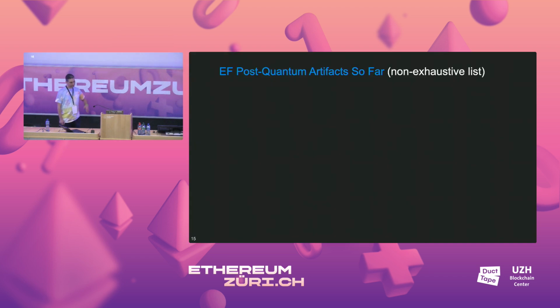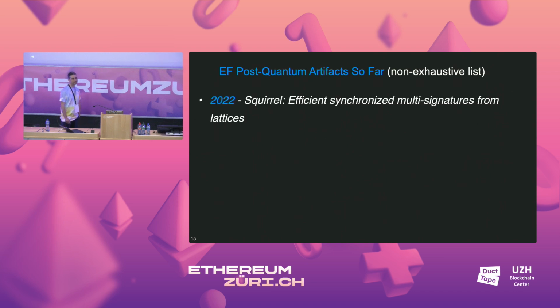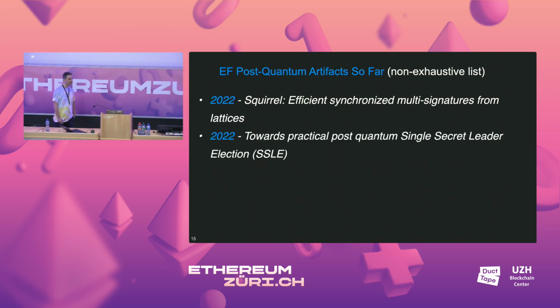Now, we already started as the Ethereum Foundation, or as the Ethereum community, to work on some post-quantum algorithms many years ago. Already in 2020, I have here some papers that tell some of the stuff we've been doing. Not now, already like 3-4 years ago. Here we have an attempt of doing some multi-signature scheme from lattice.